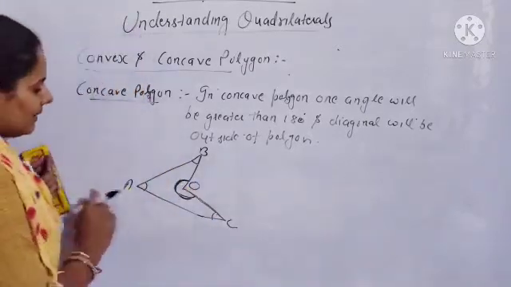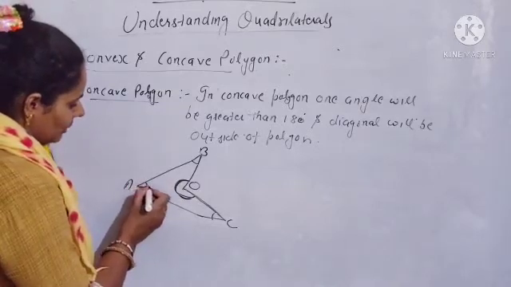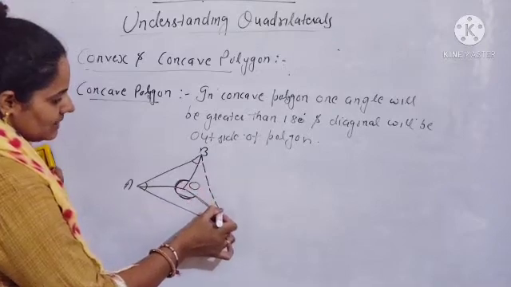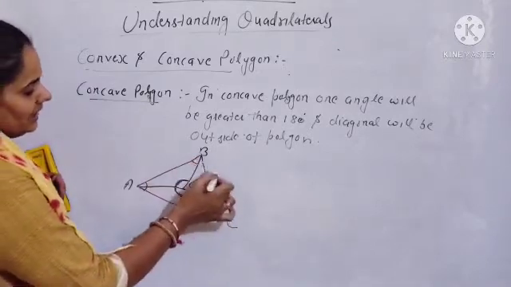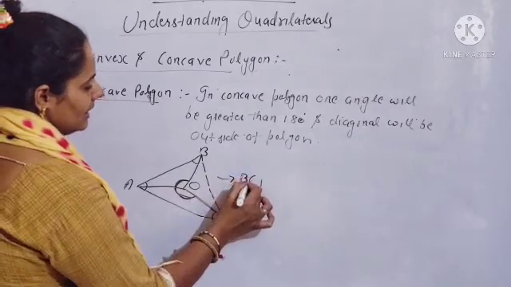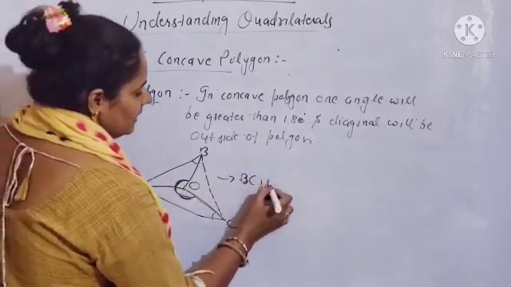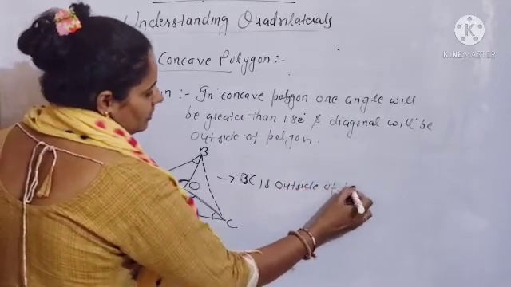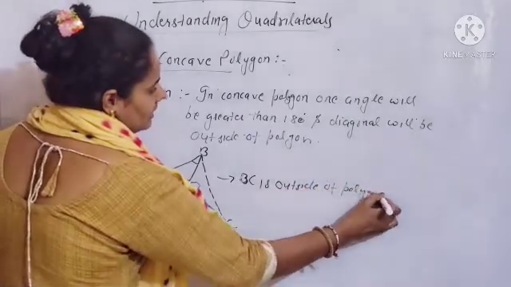Now you can check about the diagonals also, beta. So you can draw the diagonal. So it will be AO. And if you check about the BC, so BC, you can say this side, BC is outside of the polygon. Okay, side BC is outside of the polygon. Clear?